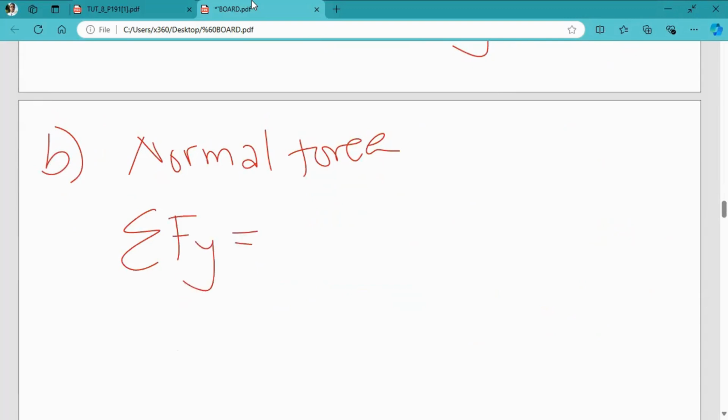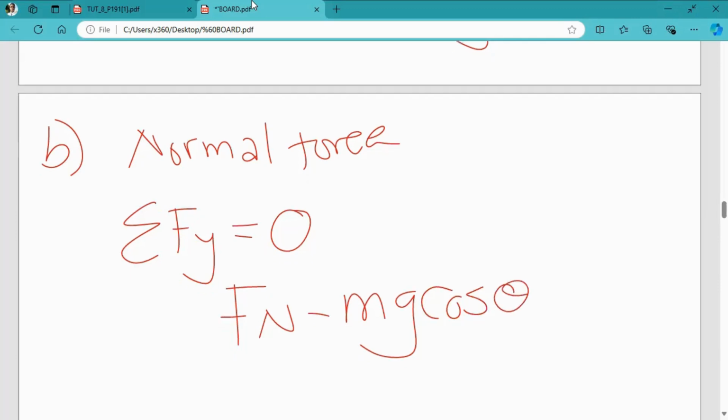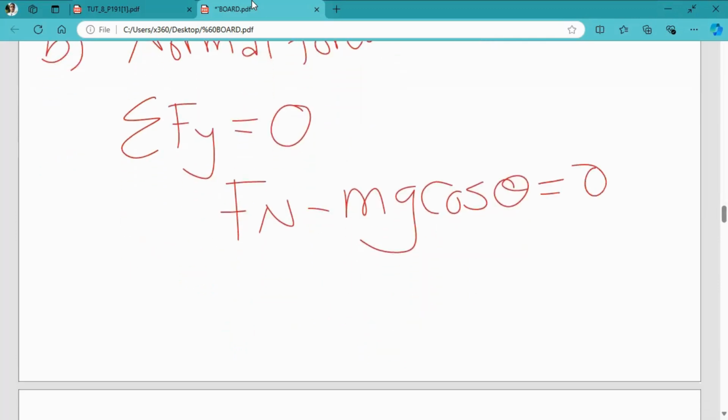It is equal to mass times acceleration, but acceleration is equal to 0. That means the two forces are at equilibrium, which means these guys are equal to 0. And what forces do we have? We have Fn, which is the normal force, minus the one which is pointing towards the negative y direction, mg cos theta. These are equal to 0.